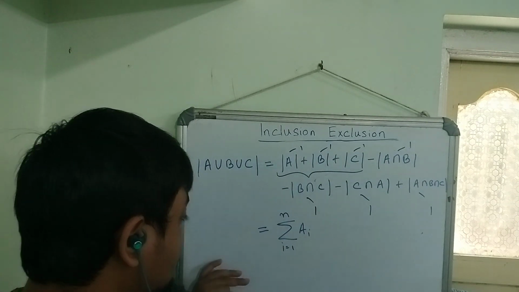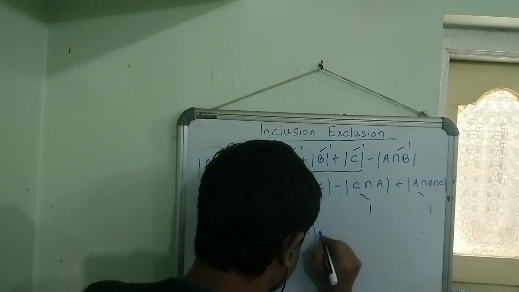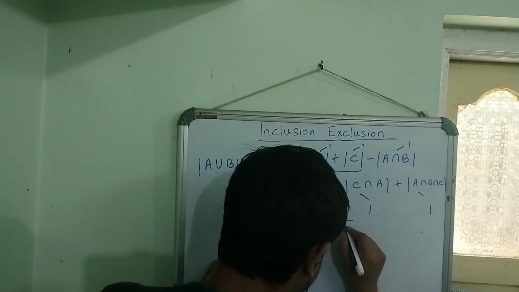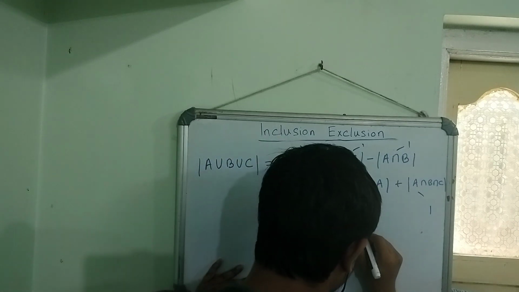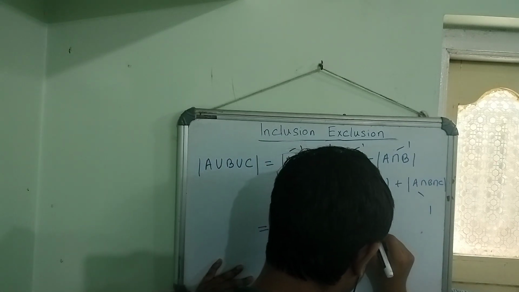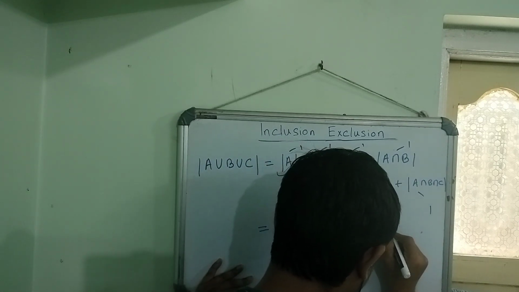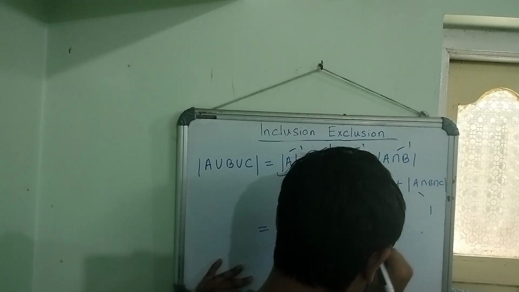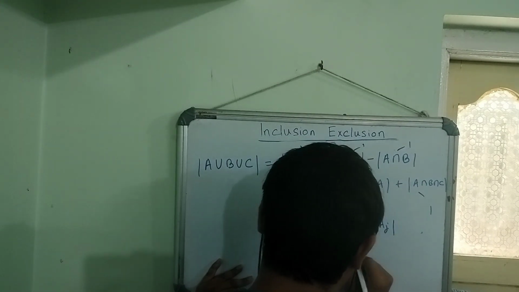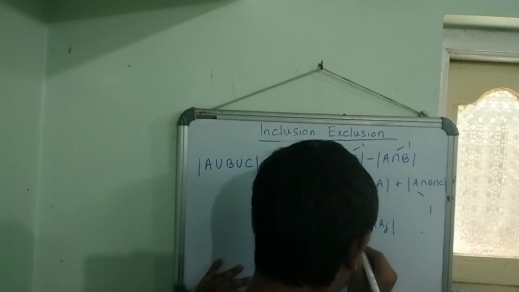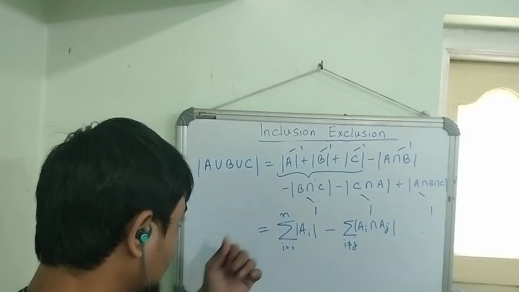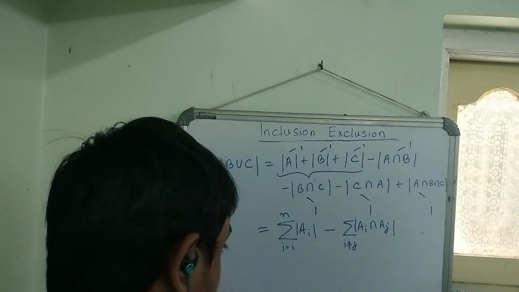This is only taking the cardinalities of one at a time. Then I deduct by taking two different sets and intersecting them. Needless to say, i and j belong to 1 to n, where the number of sets is n.